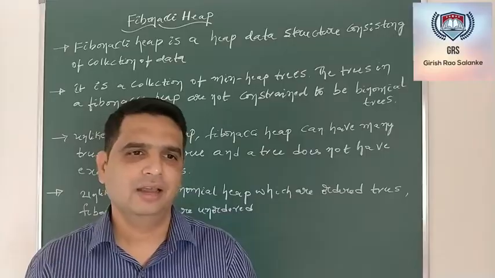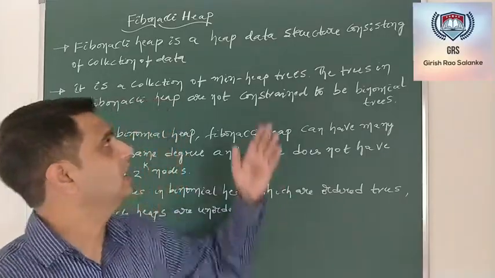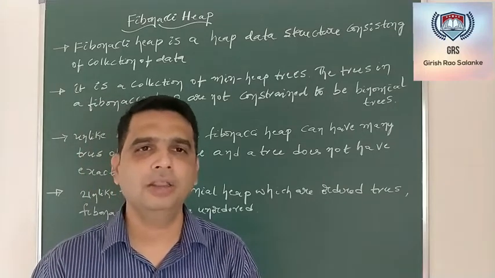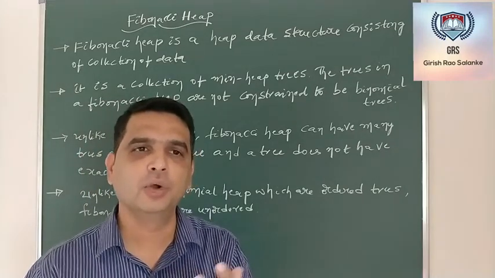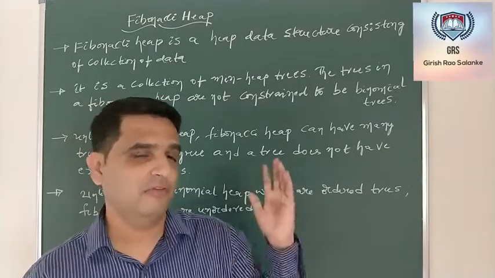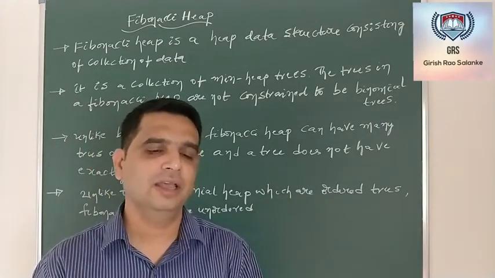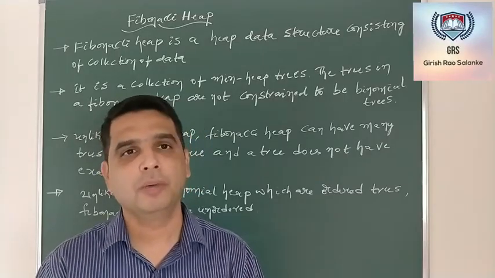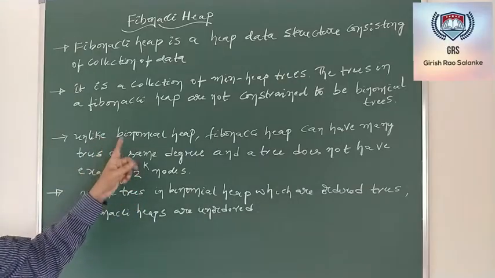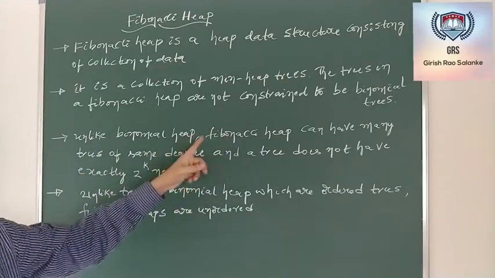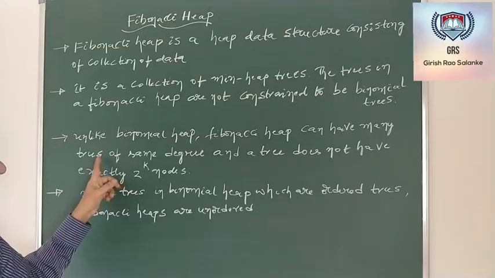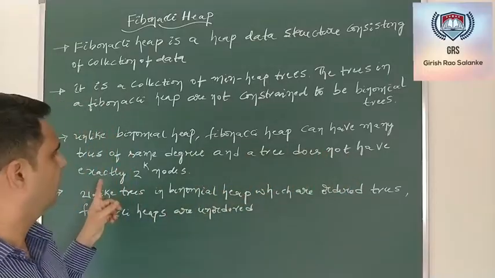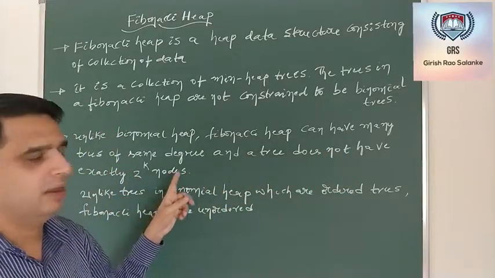One more important point is that in a binomial heap, all the binomial trees should have 2 power k nodes. But in a Fibonacci heap, it is not necessary that each binomial tree, denoted Bk, should compulsorily have 2 power k nodes. That is the third point. So, unlike a binomial heap, a Fibonacci heap can have many trees of the same degree, and a tree does not necessarily have exactly 2 power k nodes.